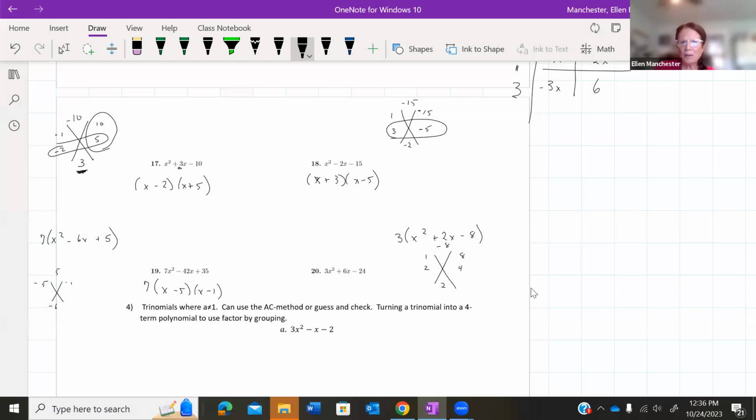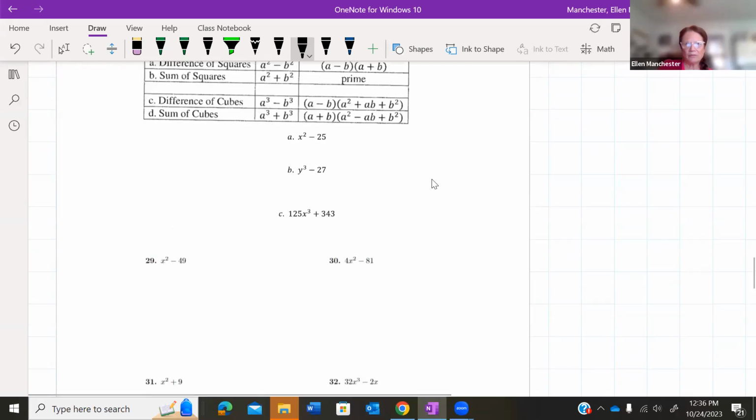Okay, so since my middle term is positive, that means my smaller values have to be negative, or the bigger number matches the sign of the middle term. So with this one, it's going to be 3 times x plus 4, x minus 2, because 4 plus a negative 2 is a positive 2. Okay. All right.